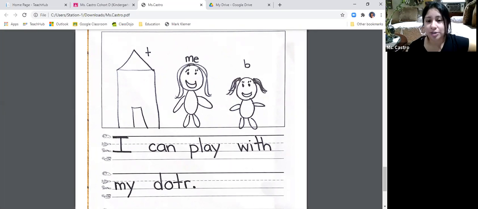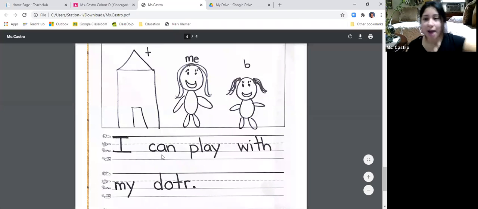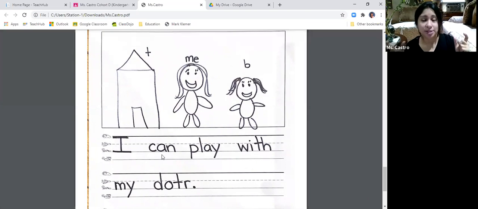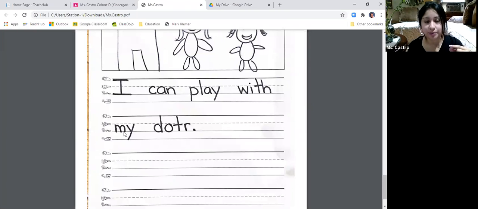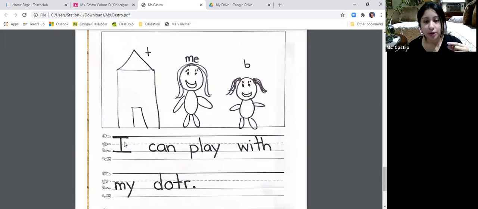Another thing, boys and girls, I wanted to show you, when you are having a sentence that has more words, you bring the next few words down to the next line, but you continue with lowercase letters, okay? So I start my sentence with an uppercase letter, but as you continue writing your sentence, remember you stay with the lowercase letters, okay?